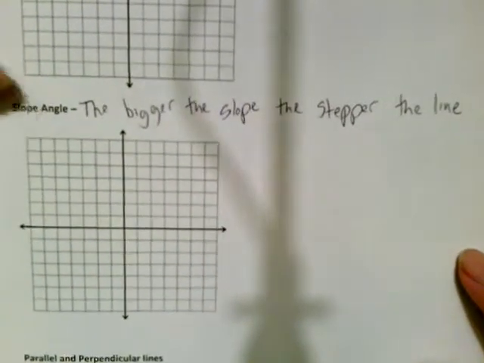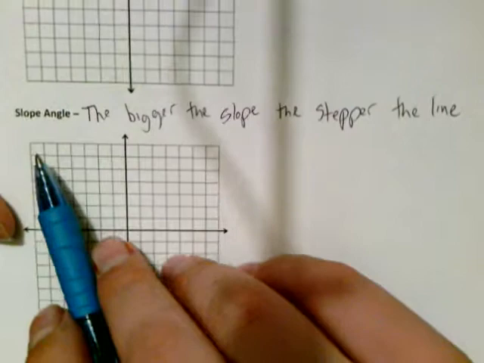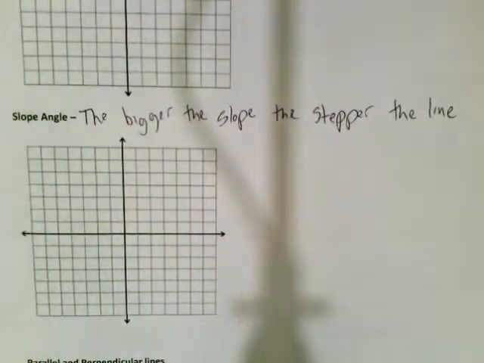So slope angle, what it's pretty much trying to say is that the bigger the slope, the steeper the line.